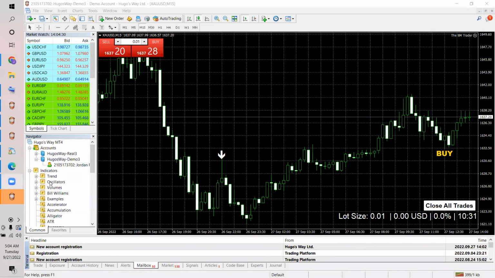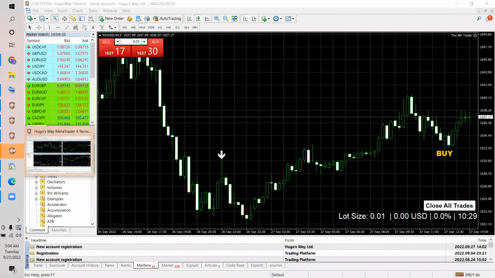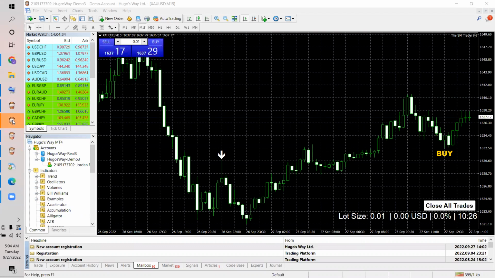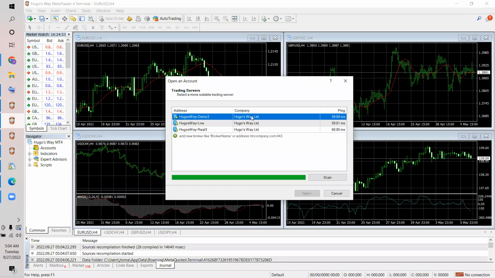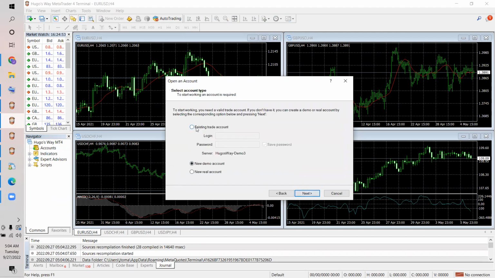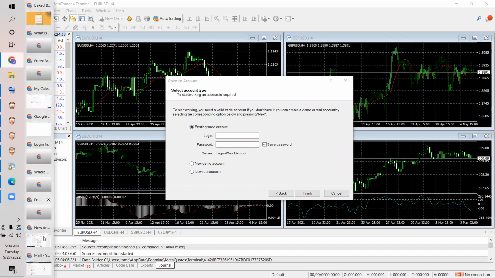So first, let me get rid of that. Okay, there we go. I'm going to have this right over here, pinned to taskbar. And then I'm going to log into my other demo account. If I have a new program open just like this, I'll just choose Hugo's Way Demo 3 as my trading server. Left click on next, left click existing trade account.